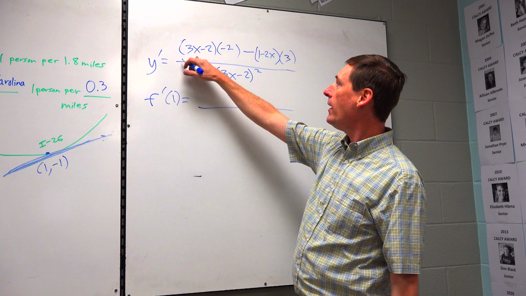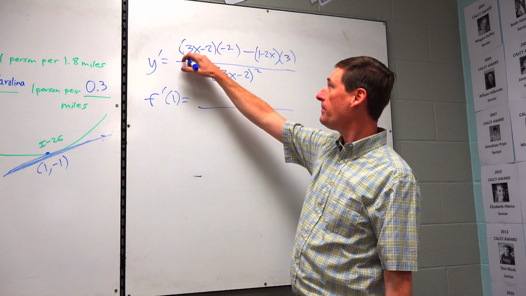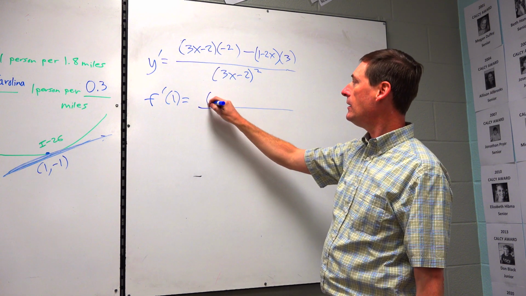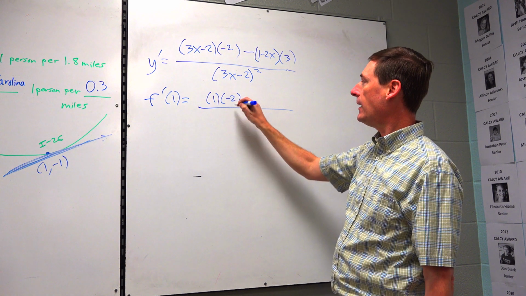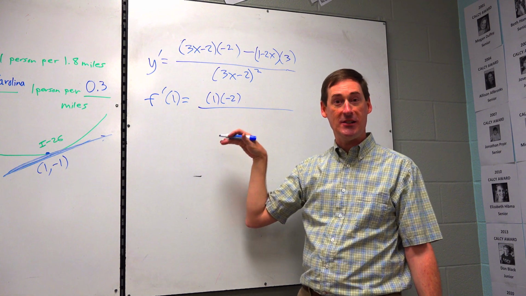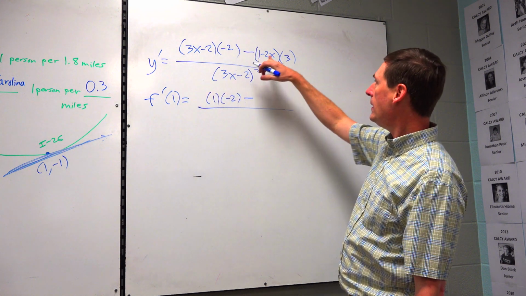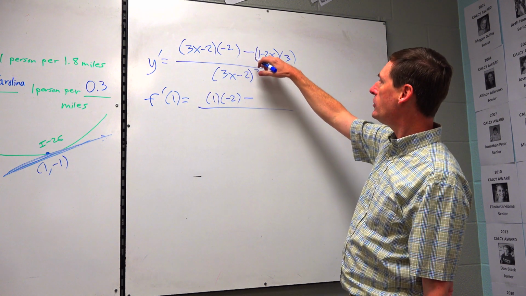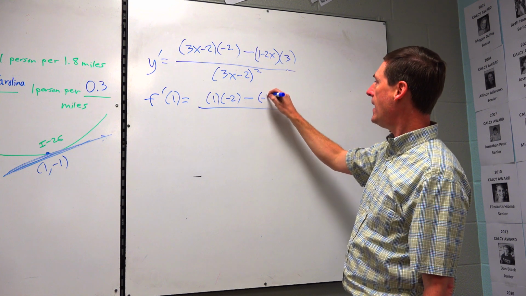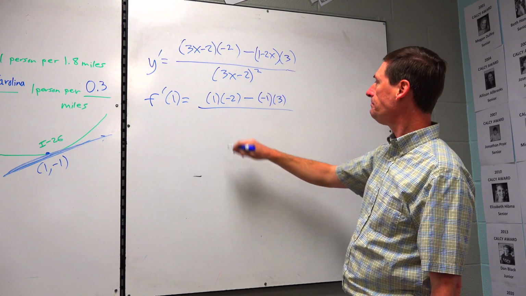So when you plug in 1, 1 times 3 is 3, minus 2 is 1, times negative 2. It's a little easier without the x's in there, right? The minus comes down. Plug in 1 here, you'd get 1 minus 2 is negative 1, times 3.